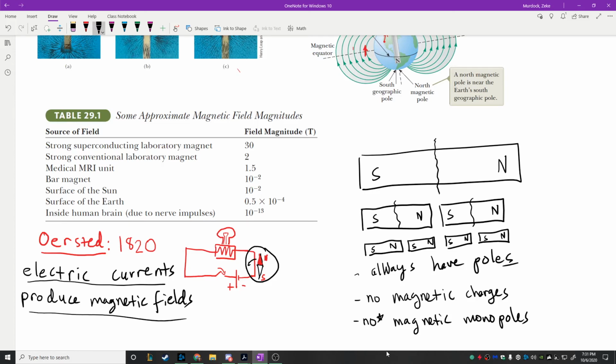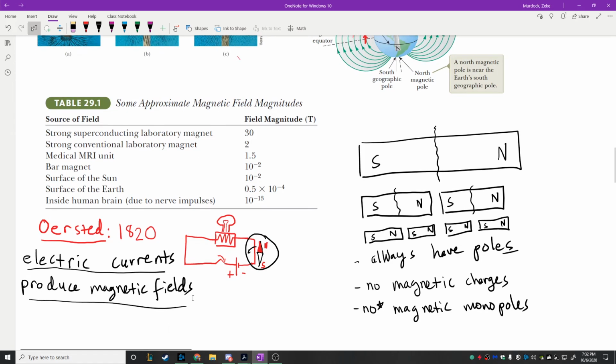More so in the next chapter, because we're going to learn that what Ørsted discovered, that electric currents produce magnetic fields, turns out to be the fundamental cause of magnetism. Magnetism comes about due to electric currents of some kind, always. Whether those currents are flowing through a wire or are little tiny currents occurring inside atoms themselves, it's the flow of charge, which is what current is, after all, that produces magnetic fields.